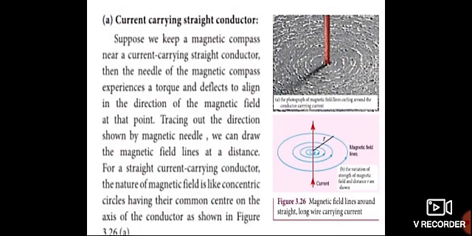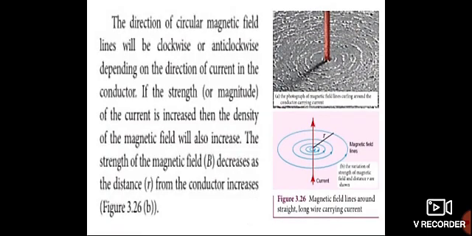Okay students, the direction of the circular magnetic field lines will be clockwise or anti-clockwise depending on the direction of the current in the conductor. If the strength of the current is increased, then the density of the magnetic field will also increase. The strength of the magnetic field B decreases as the distance from the conductor increases.